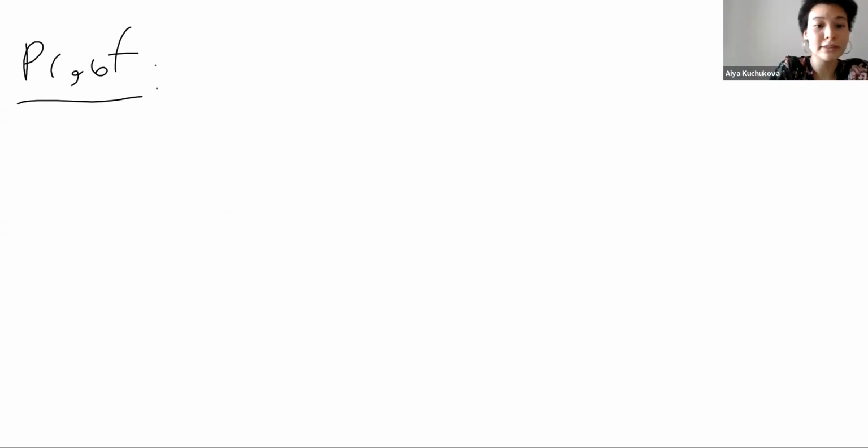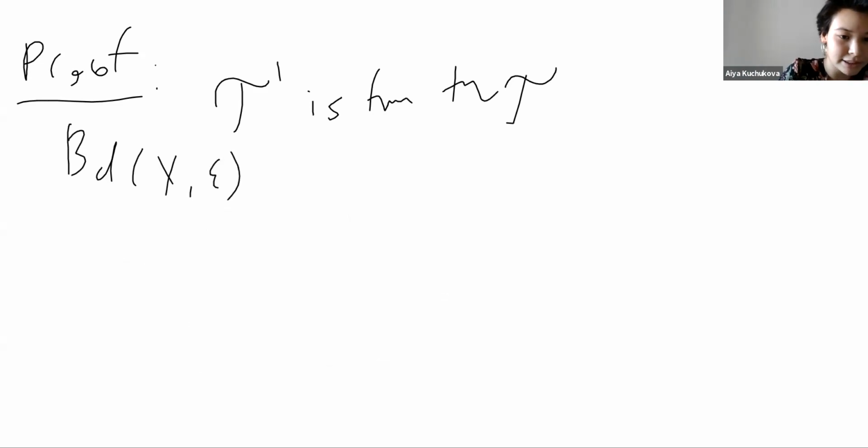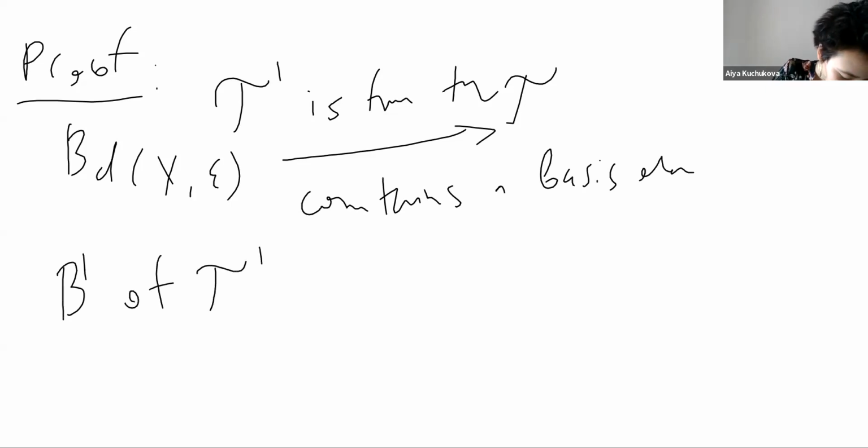But basically what we remember is that topology T apostrophe is finer than topology T without apostrophe when the basis element B(x, epsilon) of this topology contains a basis element B apostrophe of this finer topology, right? That's just something we know from the previous chapters.